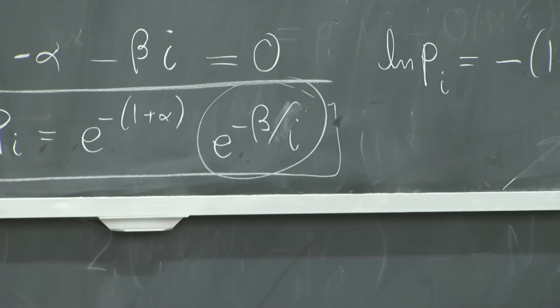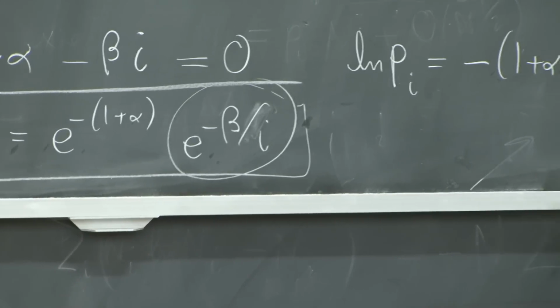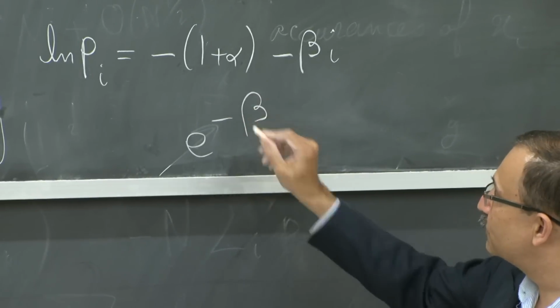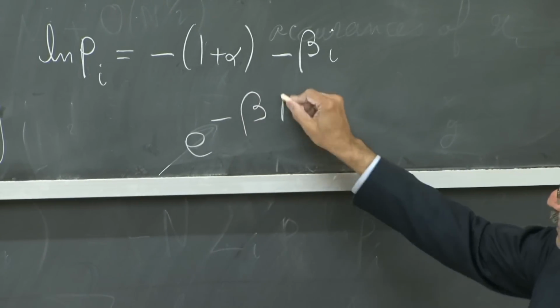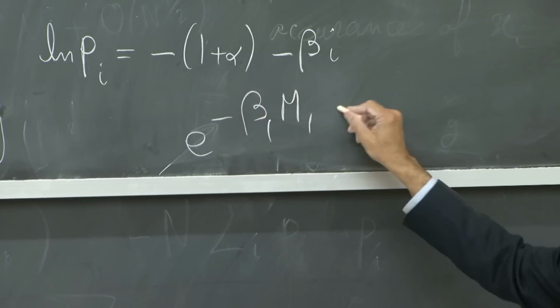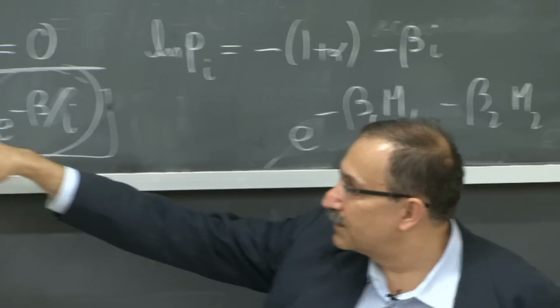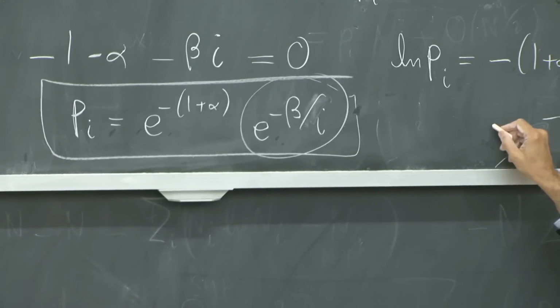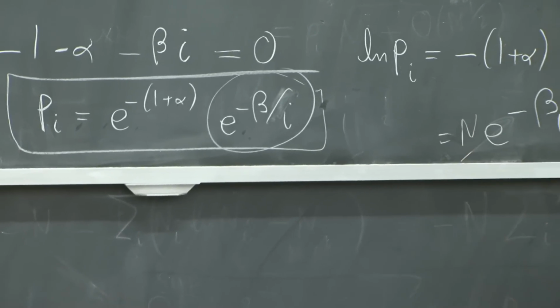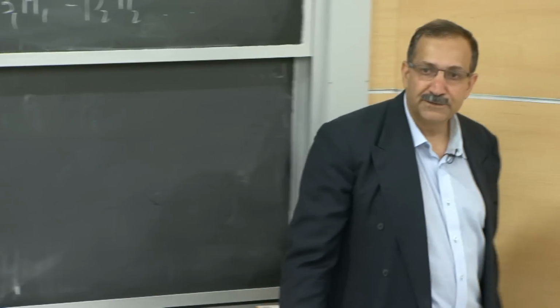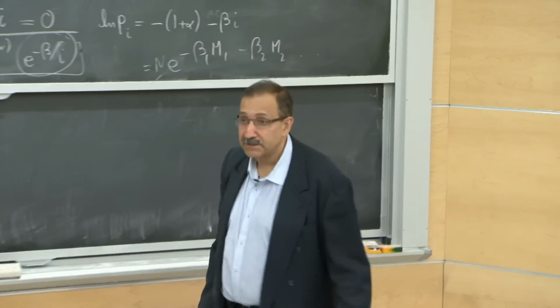So maybe somebody else measured something else. And then my general form would be e to the minus beta 1 times measurement of type 1, minus beta 2 times measurement of type 2, etc. And the rest of the thing over here is clearly just a constant of proportionality that I would need to adjust for the normalization. OK? So that's it for today.